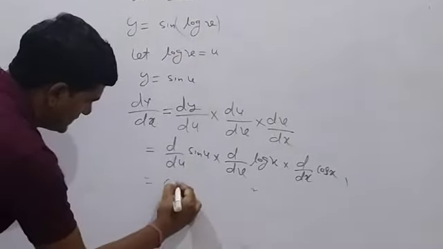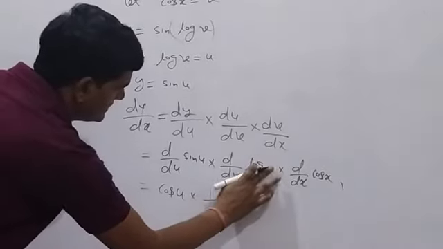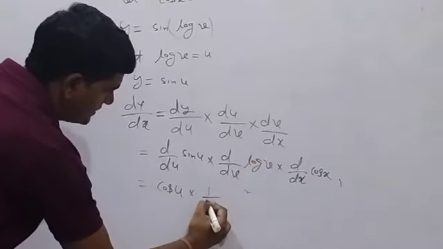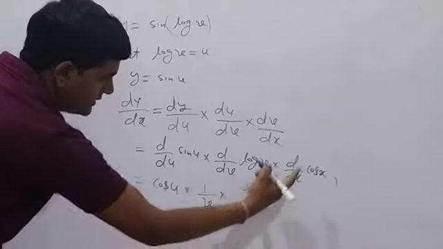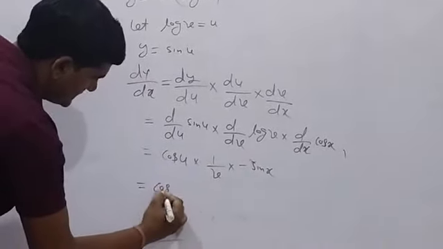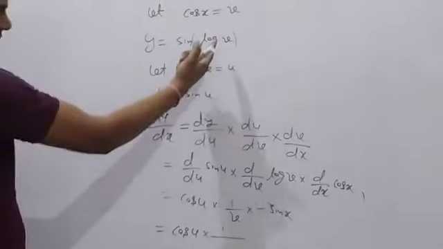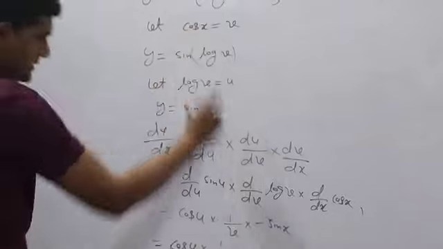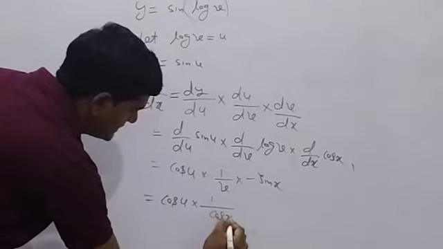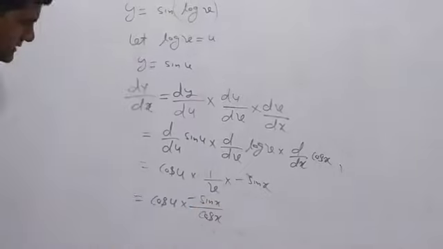Sin u gives cos of u. Log v gives 1 by v. Then d by dx of cos x gives minus sin x. Then cos u into 1 by v, where v is cos x, into minus sin x.